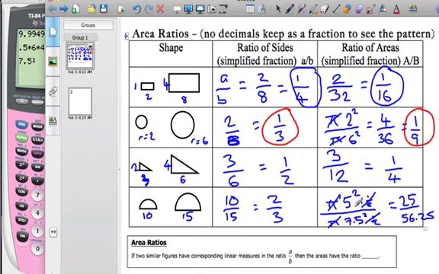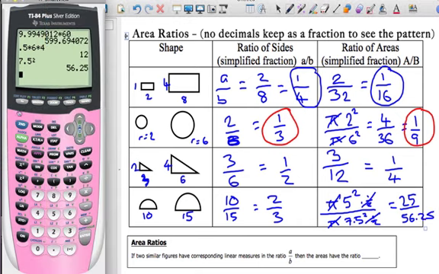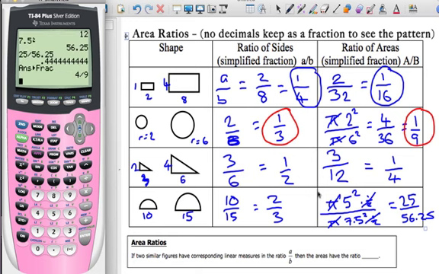Let's get our calculator to simplify that one. So 25 divided by 56.25. And let's look at that as a fraction. It's 4/9.